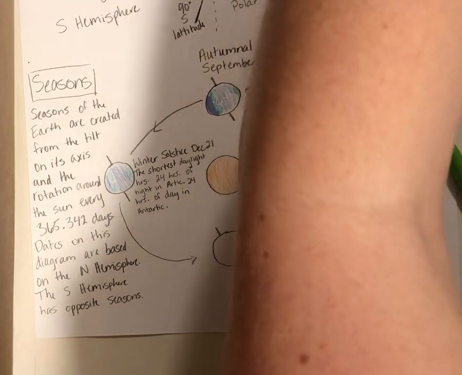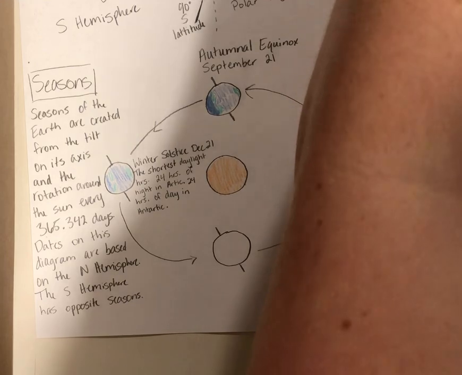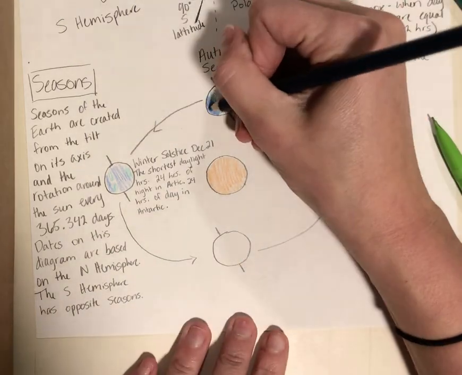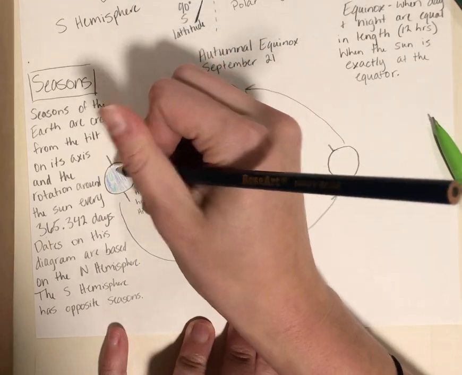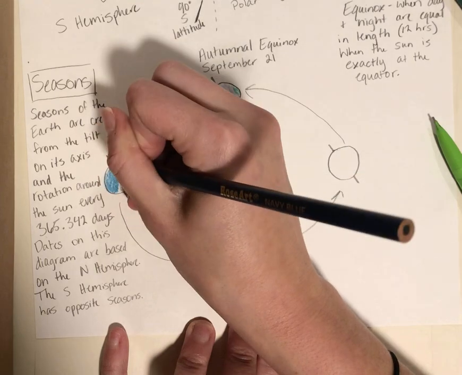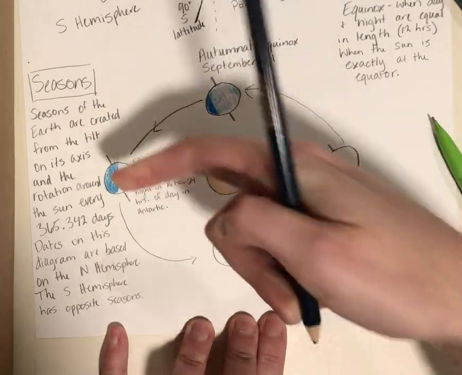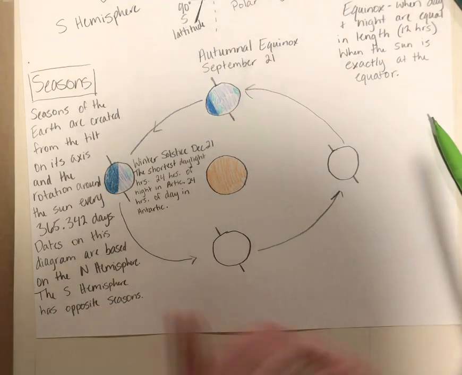I need to find a dark enough color. Okay. So where I did this dark blue over here, this time I'm going to have a whole half of the Earth being dark, because this half of the Earth is completely away from the sun, it is dark.